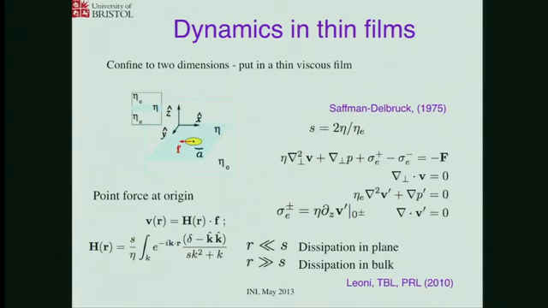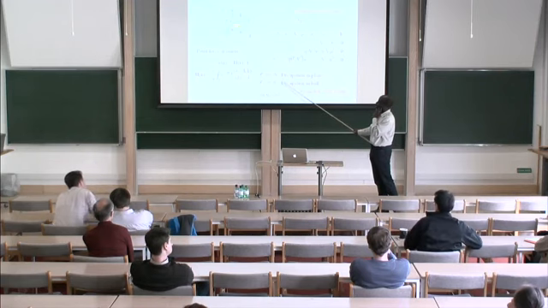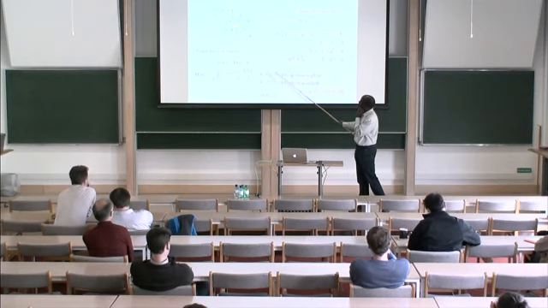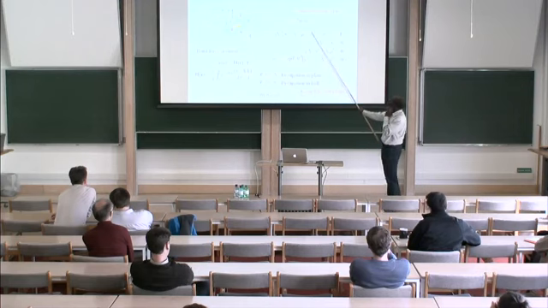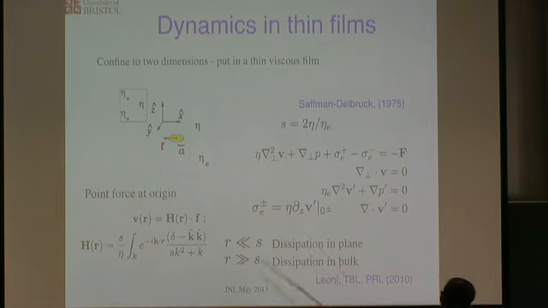We can calculate the Green's function for this object, and it is a tensor as well, and it has certain properties. On large, we can define a length scale, which is given by the ratio of the two viscosities. Why is that a length scale? Okay, good question.